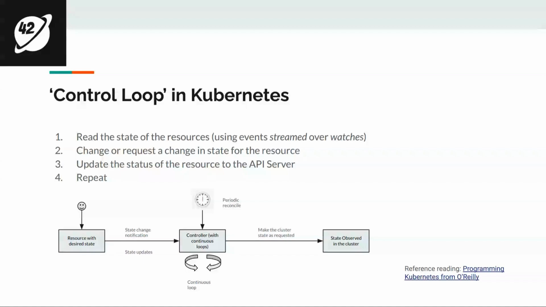So let's say you deployed a web server with 3 replicas. Control loop will say, hey, I see a new deployment coming in. Let me go and start spinning up 3 identical pods, which meet the criteria that you just defined through your manifest or through your YAML.